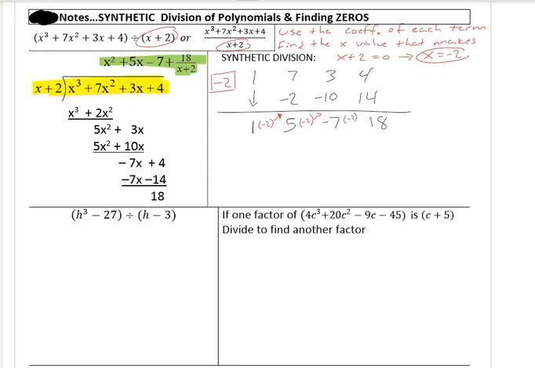Now these numbers here are the coefficients of each term of my solution.